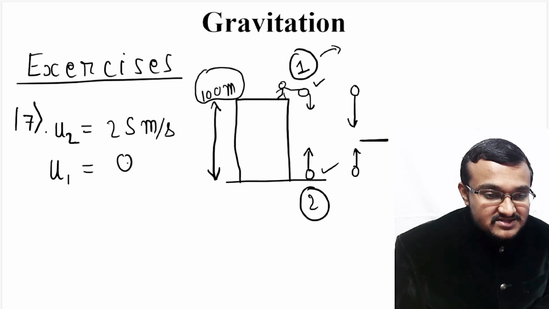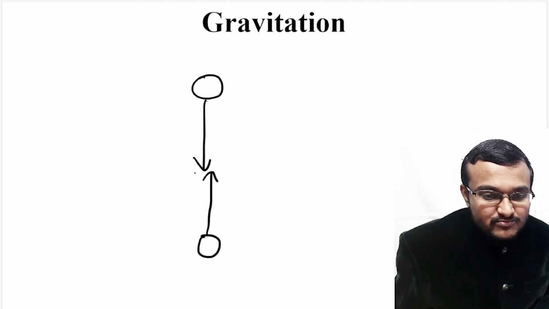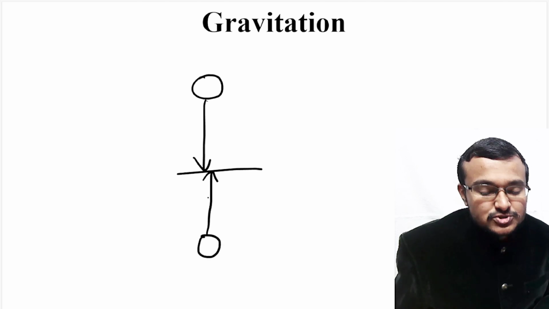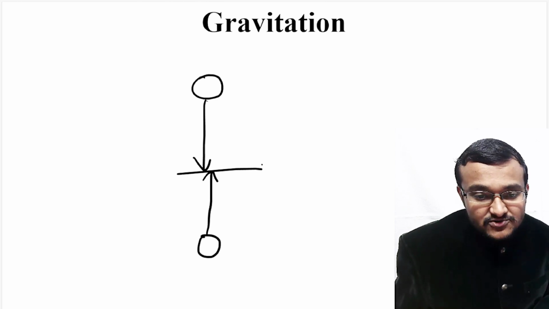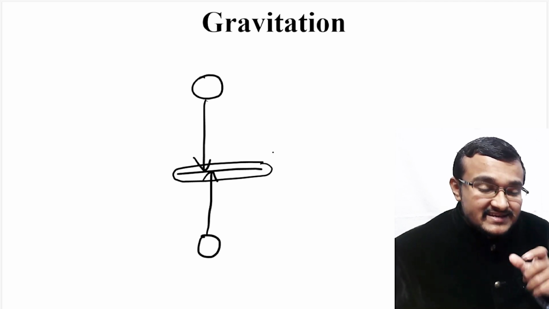Here one particular stone from top is coming and another stone is also coming from the bottom. So at a certain point these two stones cross over each other. So you have to calculate at what distance these two stones are crossing over or meeting each other.